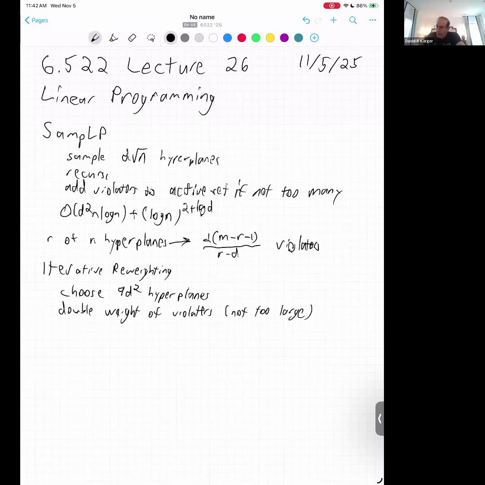And we concluded that there's a 50-50 chance of this happening, thanks to our sampling theorem, or to the generalization of it that you're going to prove in your homework. And since half of the iterations end up doing some doubling like this, you end up with order d log n iterations.